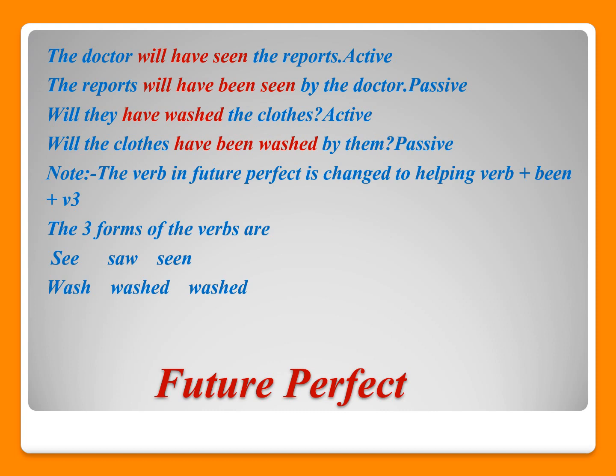Will the clothes have been washed by them? We need to note the verbs in future perfect are changed to helping verb plus been plus verb 3 form. The three forms of verbs used above are see, saw, seen, wash, washed, washed.